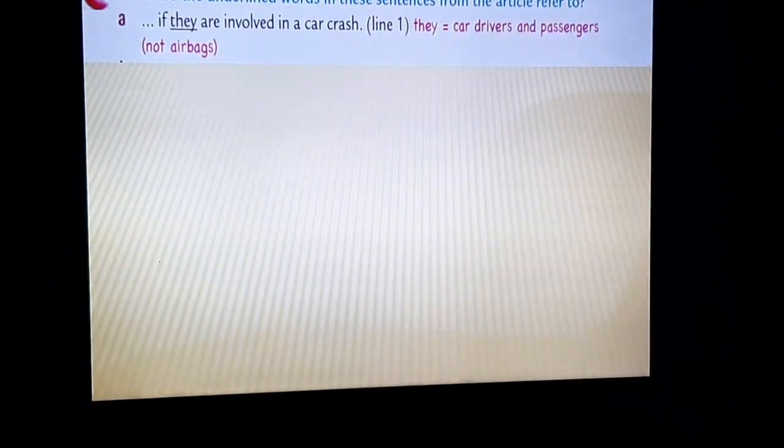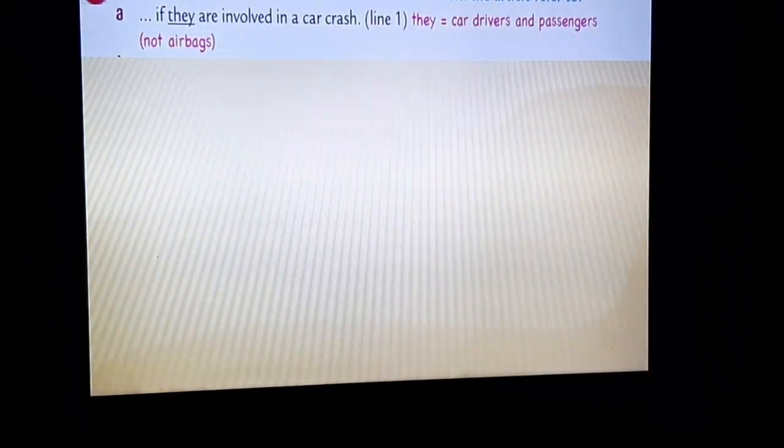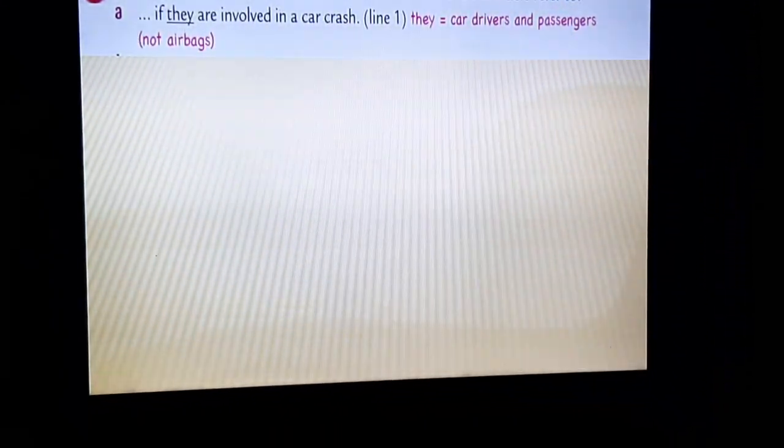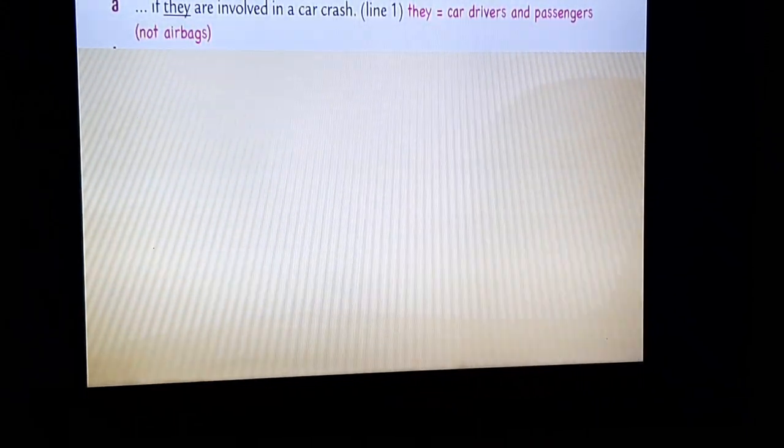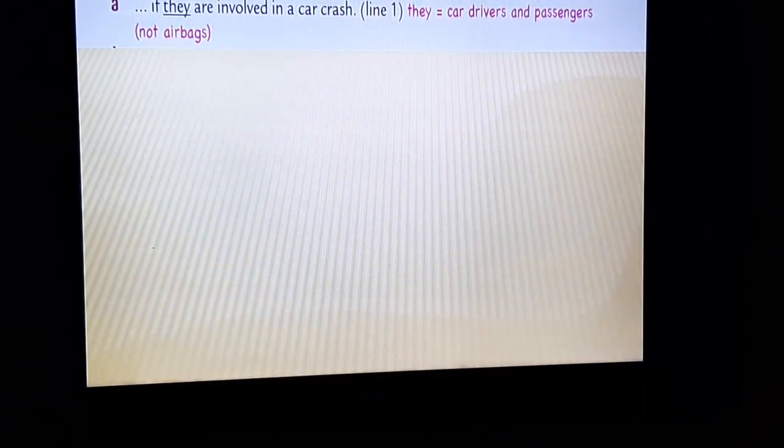If we go to line number 1 and read it from the very beginning, let's read it. Airbags safeguard car drivers and passengers if they. So they here refer to what? Refer to drivers and passengers. As he answered here, they means car drivers and passengers, not airbags.